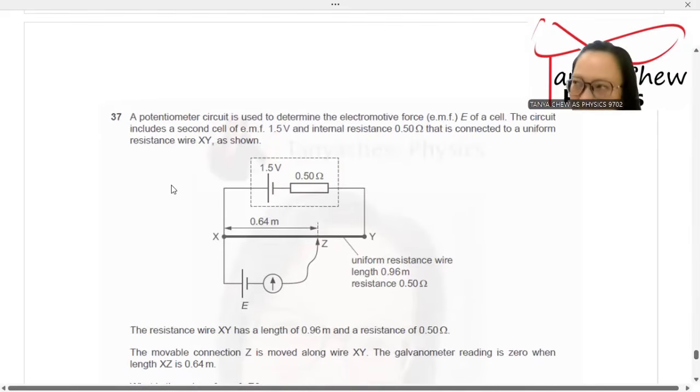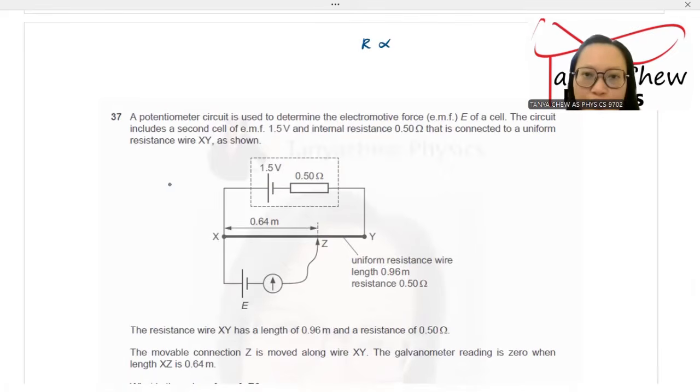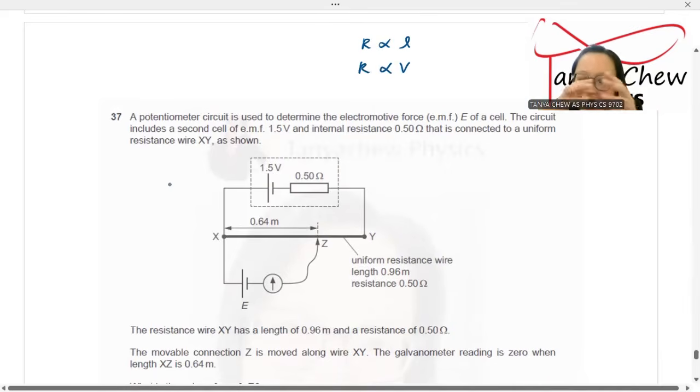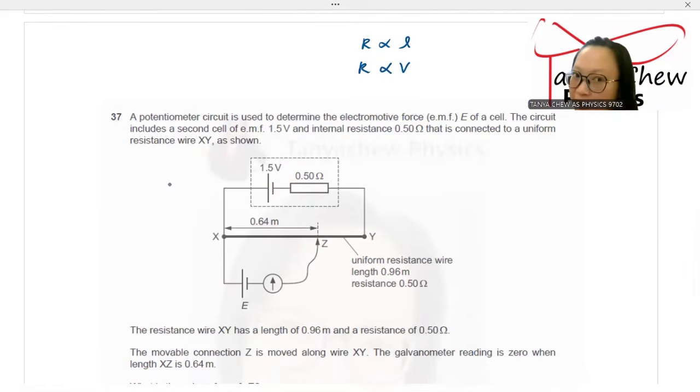If you recall, there's a relationship between resistance and other physical quantities. You know, resistance is directly proportional to length. That means the longer the length, the higher the resistance. And also resistance is directly proportional to the potential difference. So we can extend this to say that using the potentiometer or potential divider concept, I am using this: V across XZ.